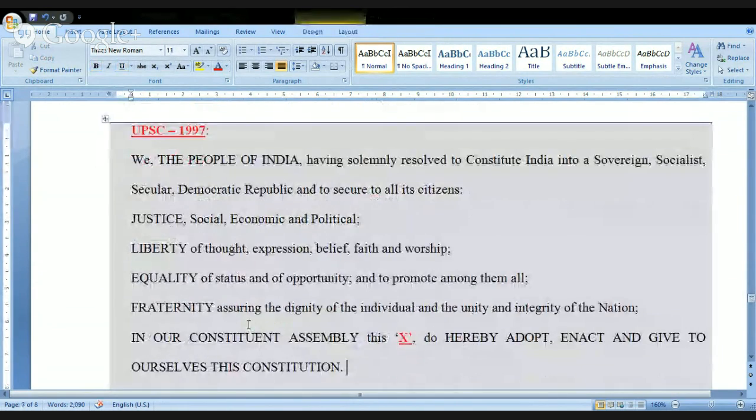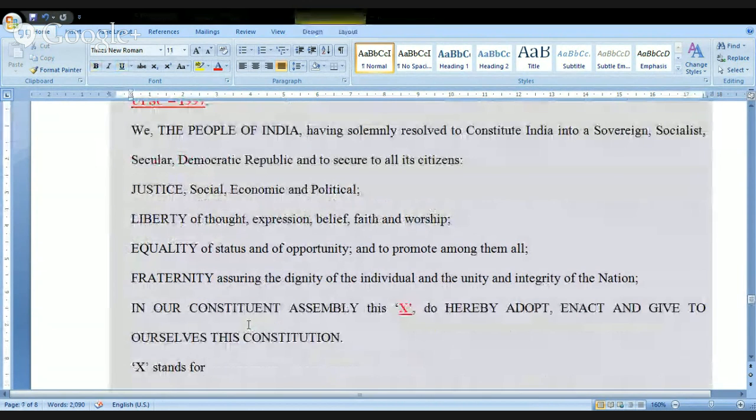Now, look at this. It was a question in the examination, UPSC, 1997. Look at this in the examination. Every time we cannot expect very, very small questions to be asked. Already I have shown you some questions in the previous classes which were asked in the UPSC examination.